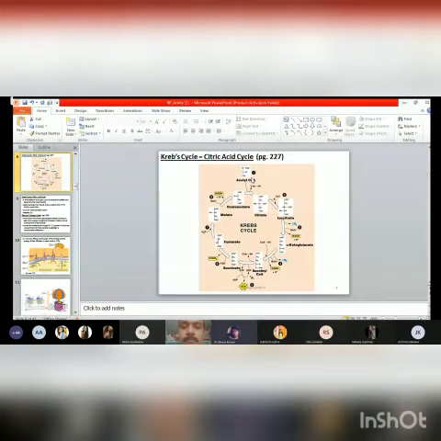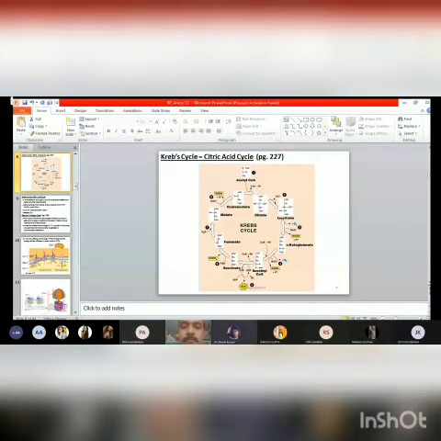So we have the 6-carbon molecule isocitrate, and from that we are removing 1 carbon dioxide and getting the 5-carbon compound alpha ketoglutarate by generating 1 NADH.